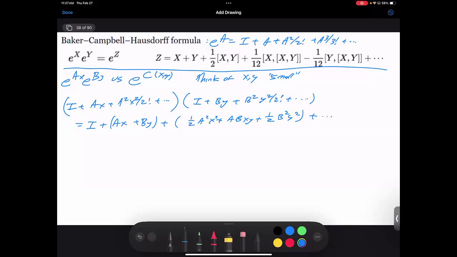And now let's look at e to the c of xy. That's going to be the identity plus c of xy plus c of xy squared over 2 factorial plus dot dot dot. What do you think c of xy should be?